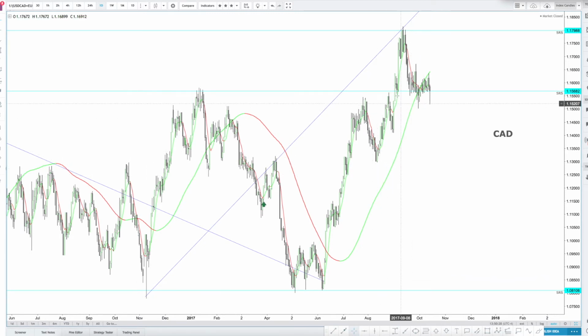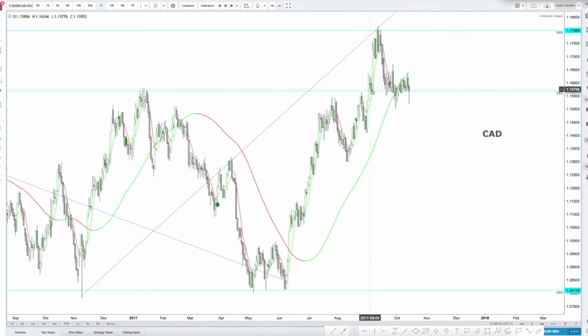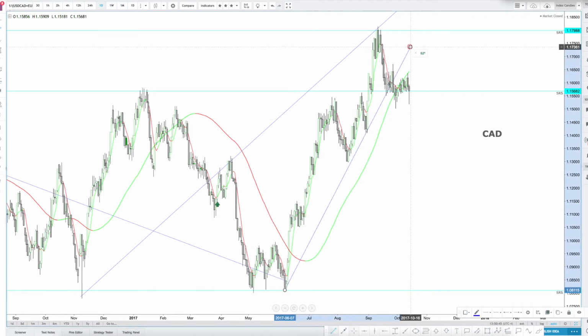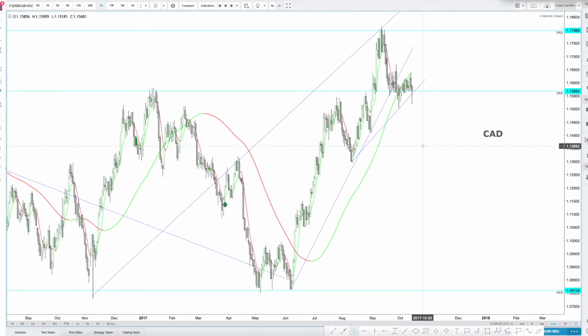We definitely broke out and then tried to form some kind of head and shoulders at the top, which is usually bearish. You could throw in a line like this and you can make an argument that we have broken it, but you also have this thing going on, which is probably less reliable.